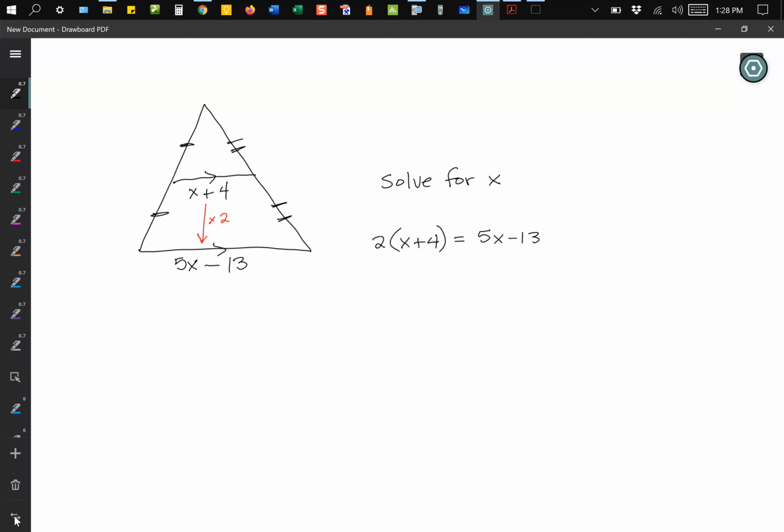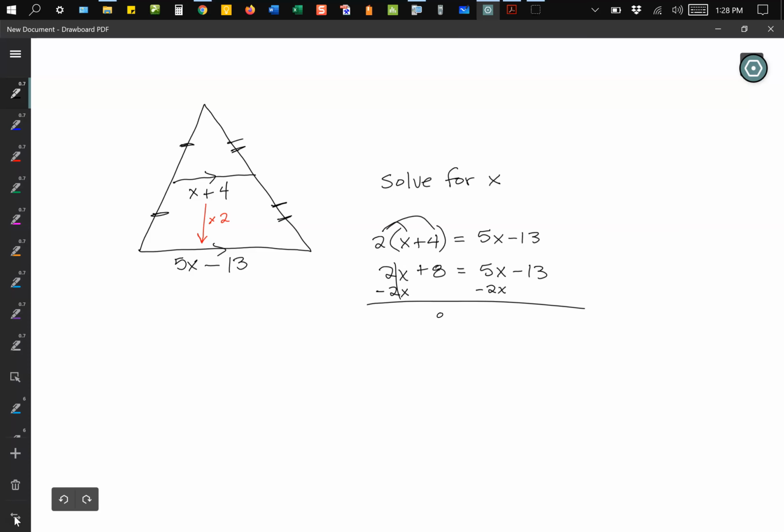All right, so I want to go ahead and distribute the 2. So I get 2x plus 8 equals 5x minus 13. I want to get all of the x's on one side, and I usually try to get the x term to be positive. So I'm going to subtract the 2x from both sides.